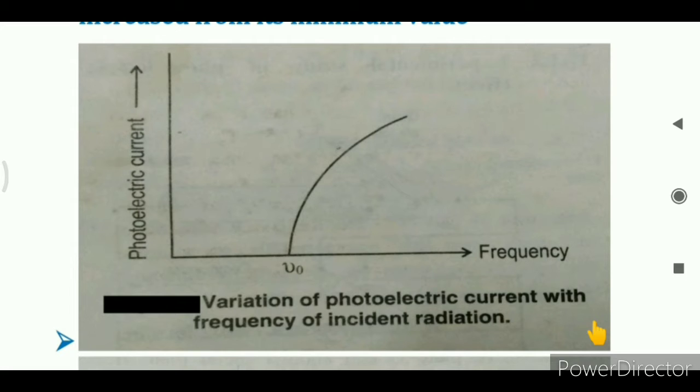That means, see, in the definition also the term suitable frequency was given.